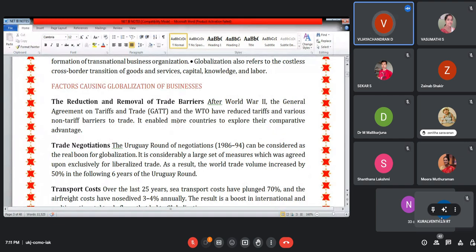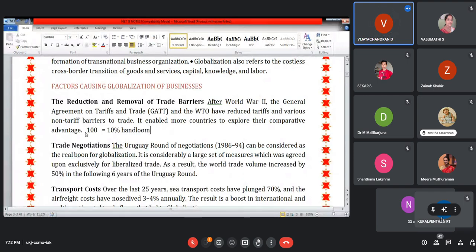Suppose, for your easy understanding, they are allowing 100 varieties of goods to be traded. Suppose they fix a quota of 10 percent for drugs, or 10 percent for handloom.